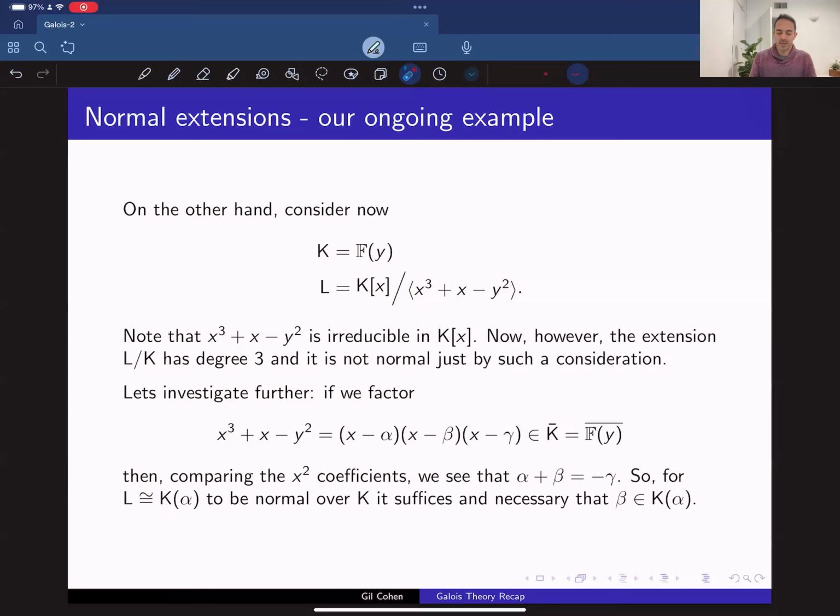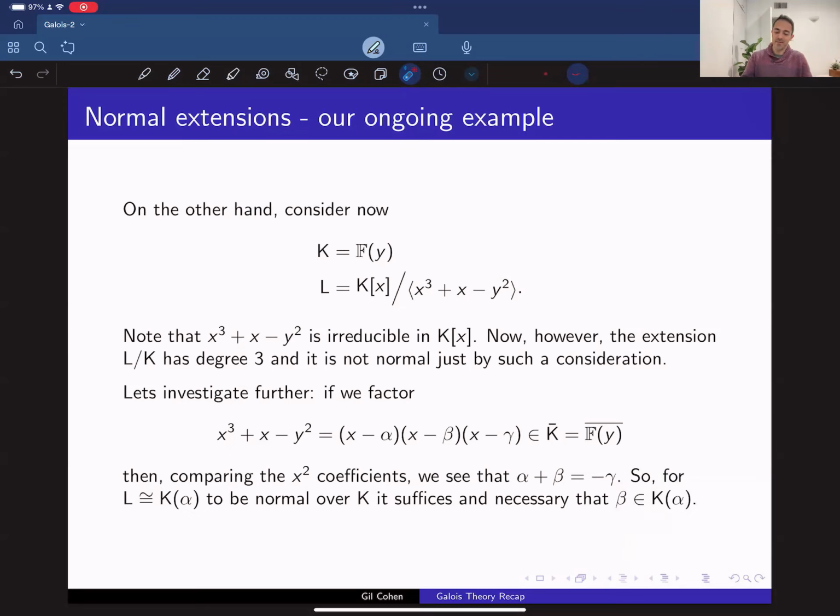For L to be normal over K, what we really need, and that's sufficient and necessary, is that beta is in K(alpha). Because if beta is not in K(alpha), then L is not a normal extension, since one of the conjugates of alpha doesn't sit in K(alpha), and L is isomorphic to K(alpha).